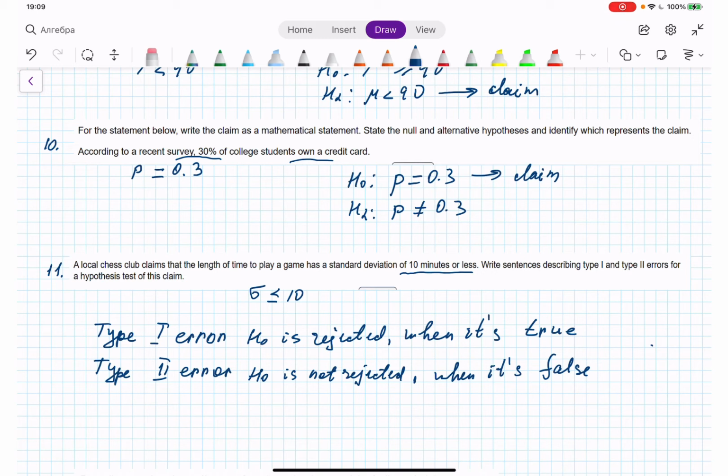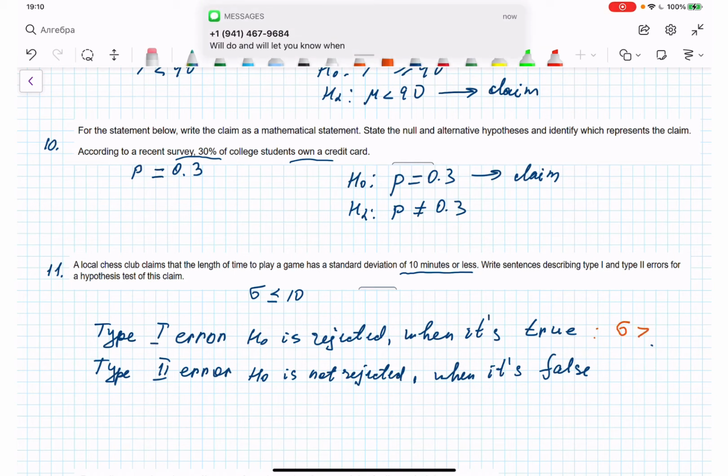Yeah, it's type 1. So let me write down here. If the sigma is greater than 10, but you reject the null hypothesis.